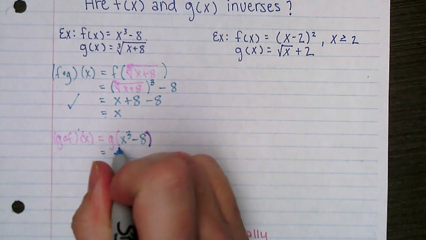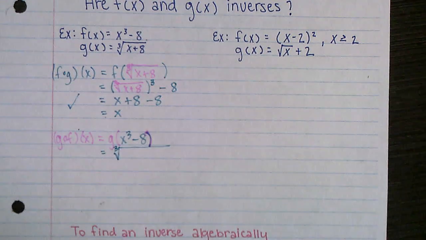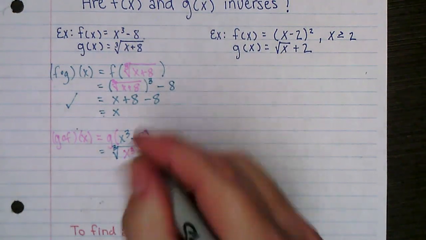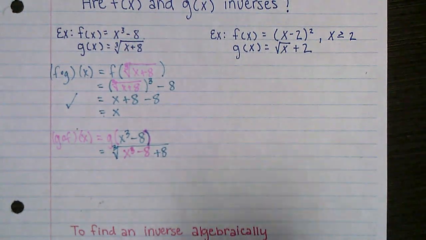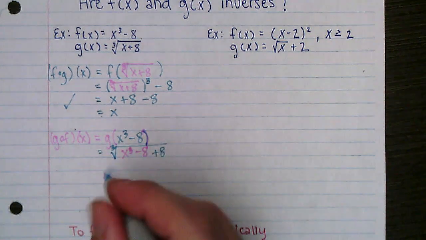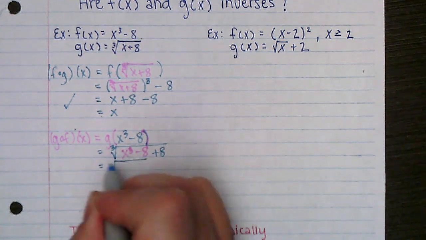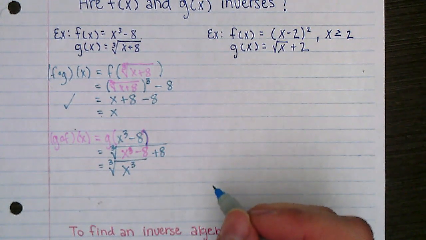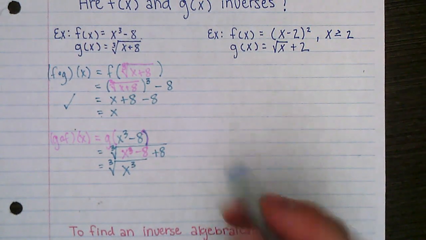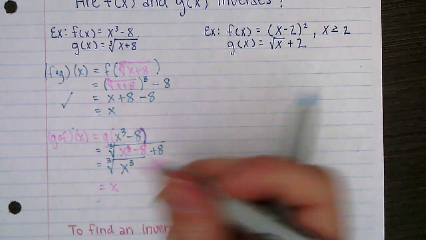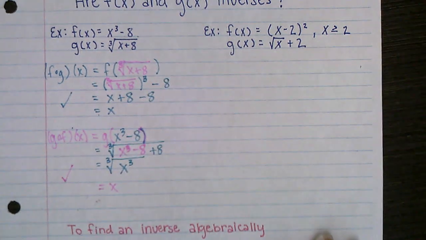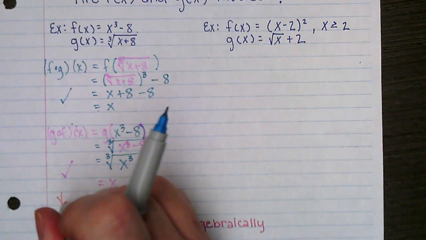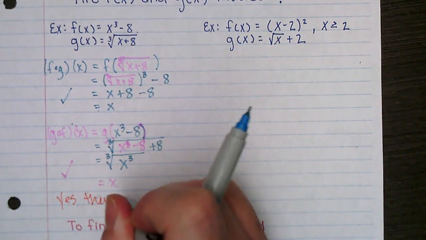So that is going to be the cube root of x cubed minus 8 plus 8. x cubed minus 8 plus 8 would just be the cube root of x cubed, and the cube root of x cubed is x. So we have checked it both ways, so we can say yes, they are inverses.